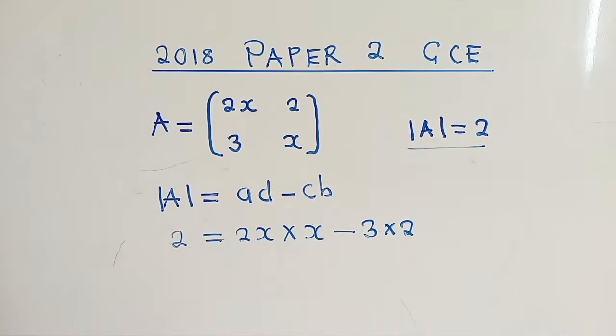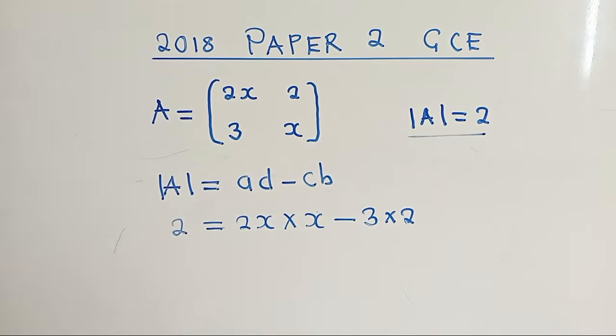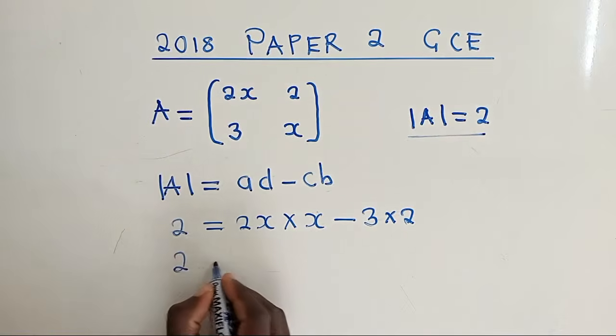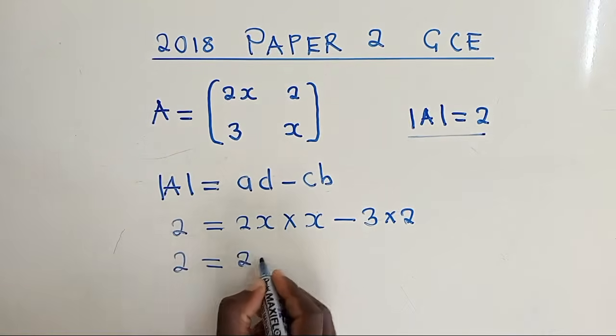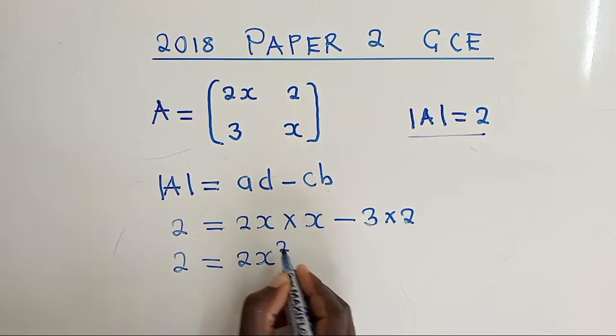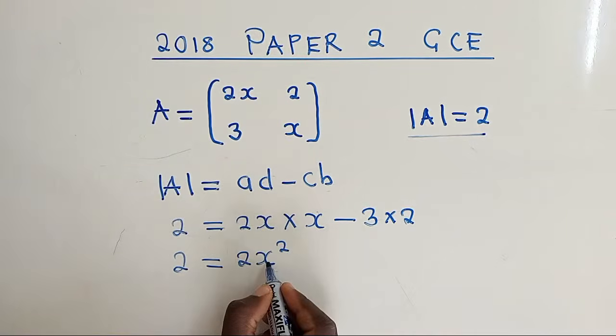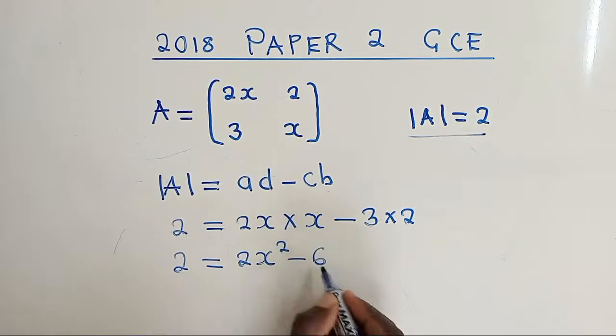Remember, in mathematics, for the markers to know that you really know what you're doing, you must show your workings. All right, so you should get 2 is equal to 2x squared, because x times x is x power 2, minus 6.